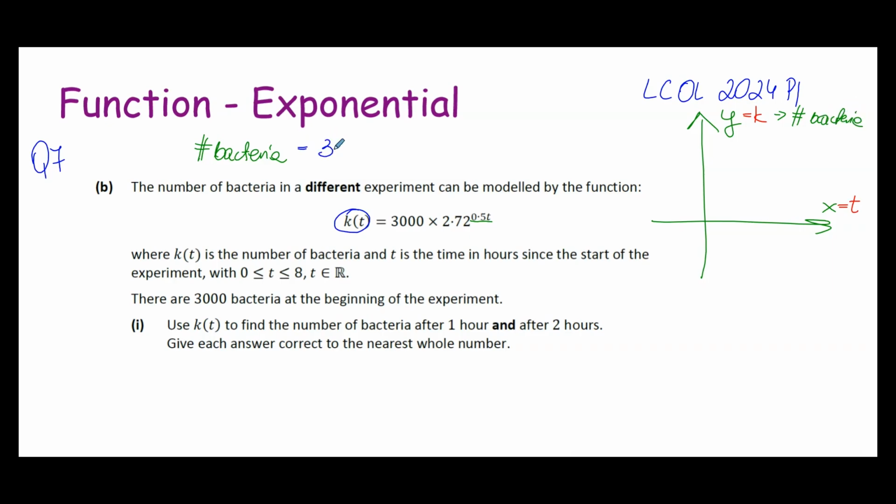Then we have 3,000 multiplied by 2.72 to the power of 0.5t. And what is t? K is the number of bacteria, and t is the time in hours since the start of the experiment.